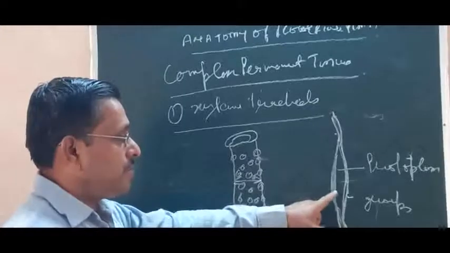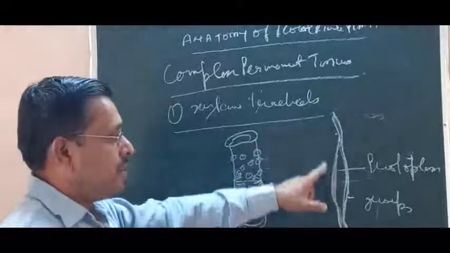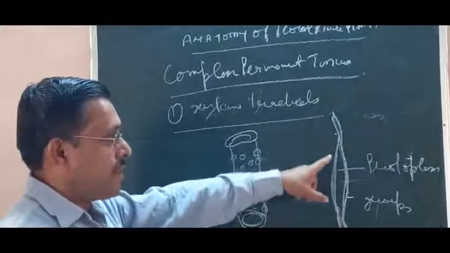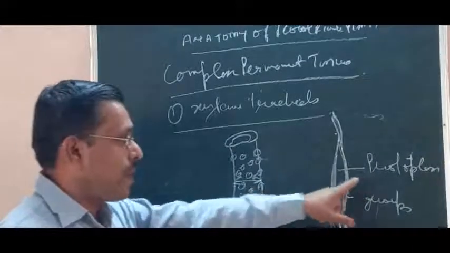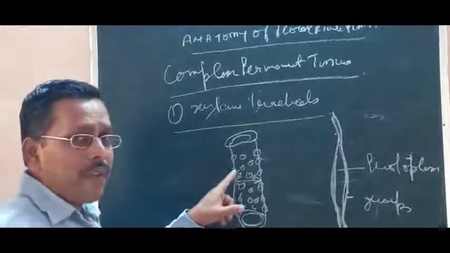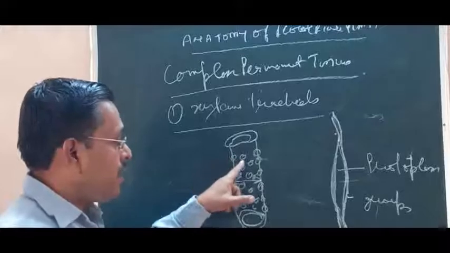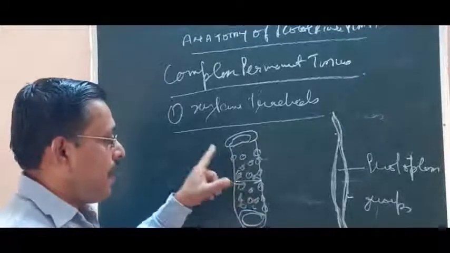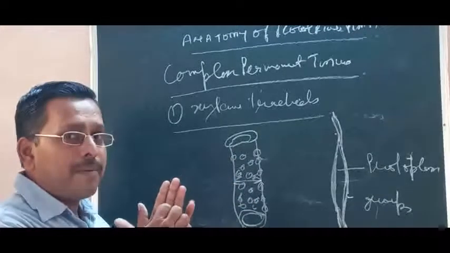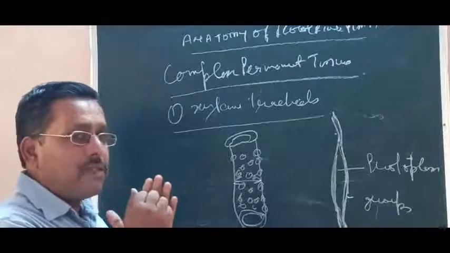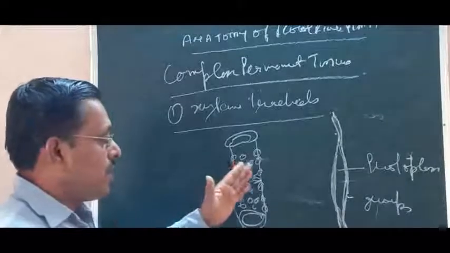Xylem tracheids are cells having tapering ends and devoid of protoplasm, while xylem vessels are found with perforations, and the walls of different xylem vessel members are connected with each other to conduct water.